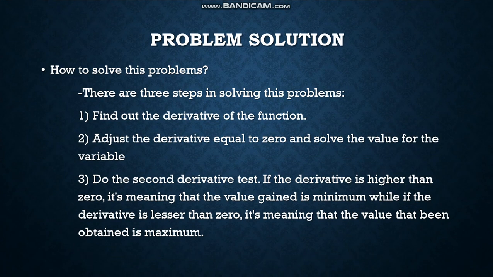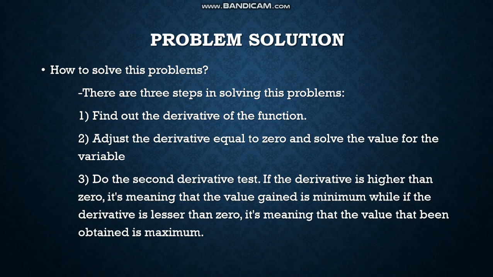Next, how to solve the problem? There are three steps that we need to follow in order to solve this problem. First, we need to find the derivative of the function. Next, we set the derivative equal to 0 and solve for the variable. And last, we do the second derivative test.